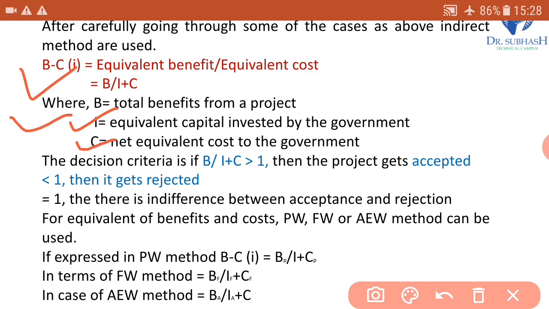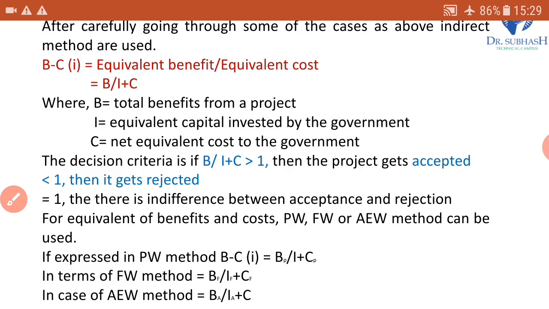Now, what is the decision criteria? The decision criteria is if B upon I plus C is greater than 1, then the project gets accepted. If B upon I plus C is less than 1, then the project is rejected.